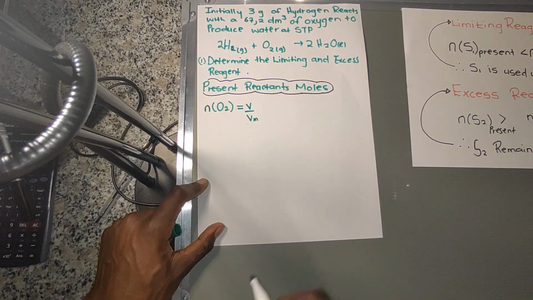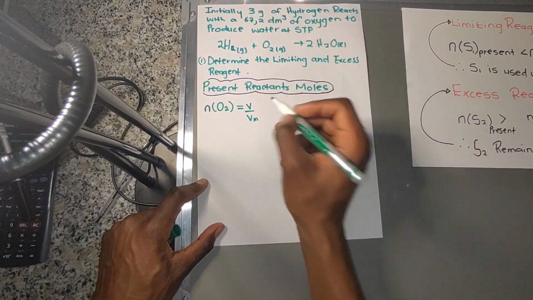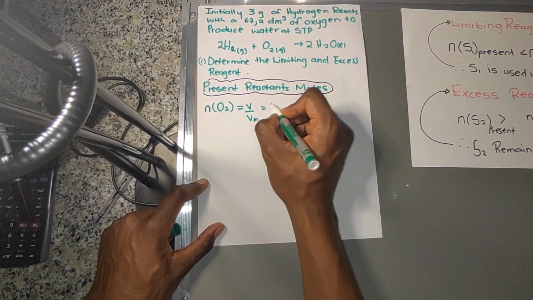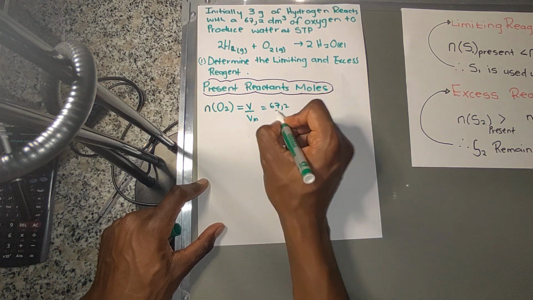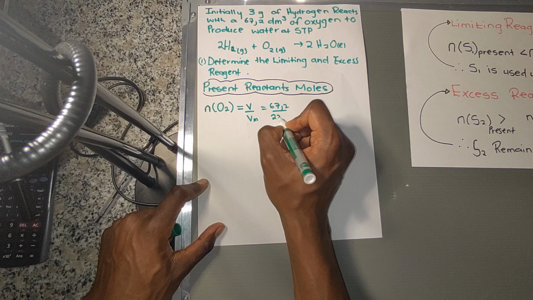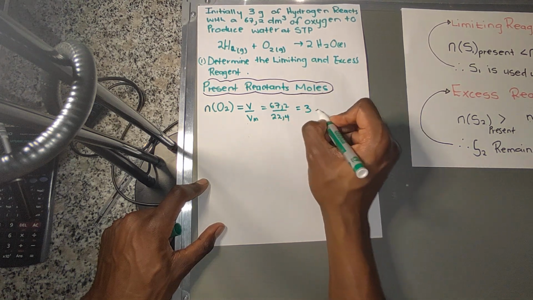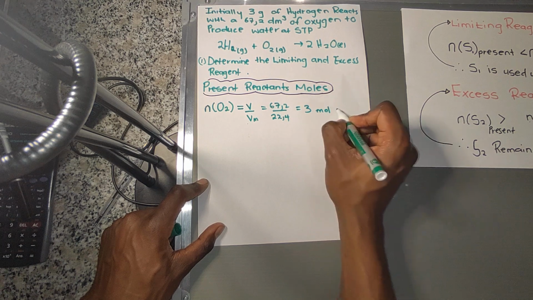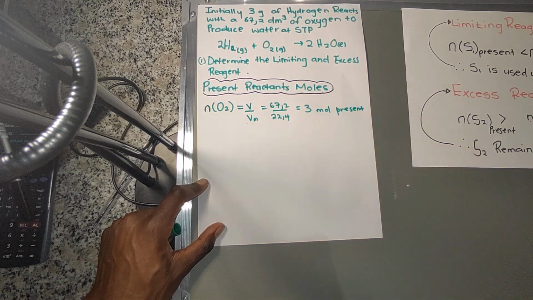This is how I'm calculating the number of moles because I have this volume at SCP for oxygen. It is in decimeter cubed. So it's 67.2 divided by the constant 22.4, and this is equivalent to 3 moles. So these are the present number of moles before the reaction.